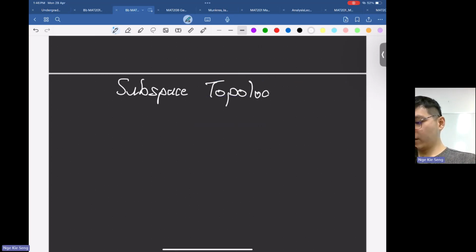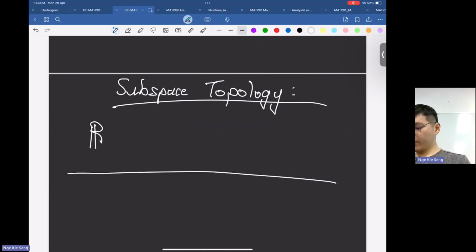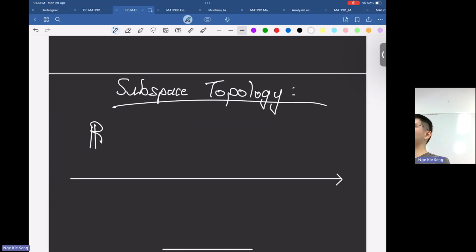Let's motivate this a bit. For example, the real line, we can consider the Euclidean topology, the topology generated by the collection of open intervals. Let's say we know the topology on R already, the standard topology.